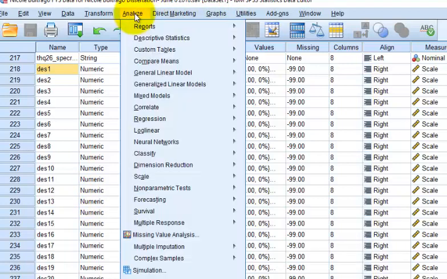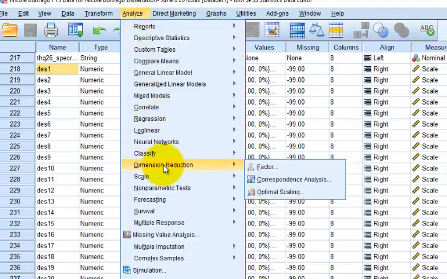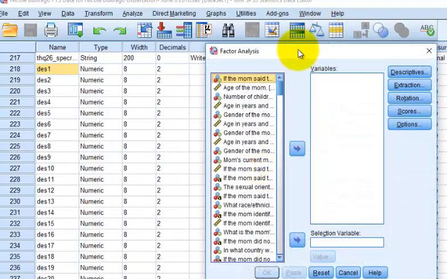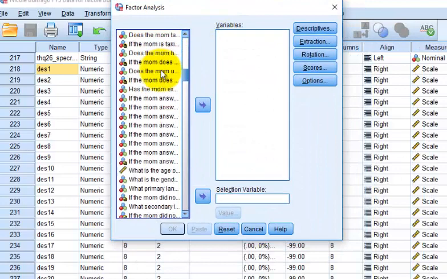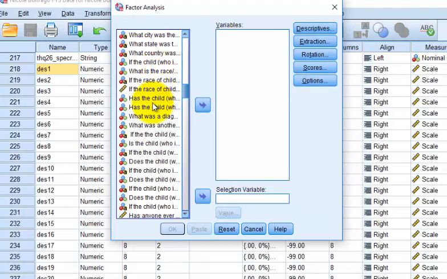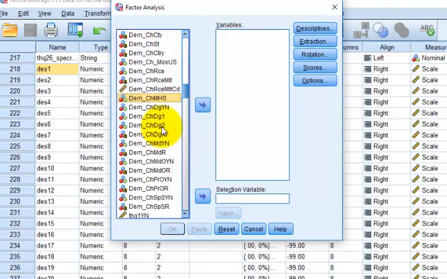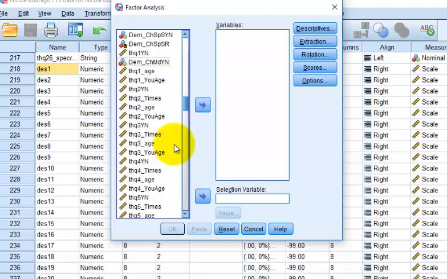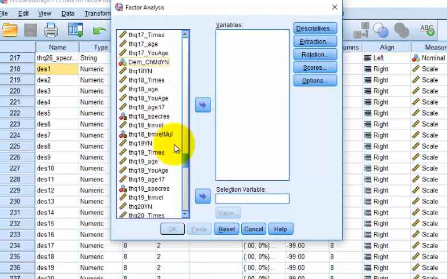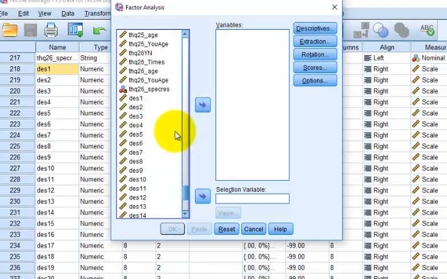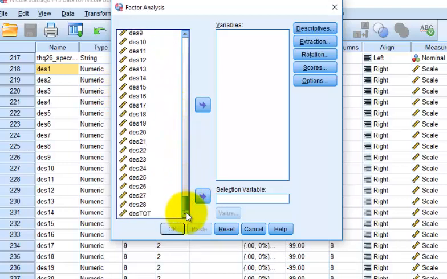We're going to go to Analyze, Dimension Reduction, Factor. And again, we're only going to stick in the DES questions, if I can find them. There they are. So 1 through 28, not the total.